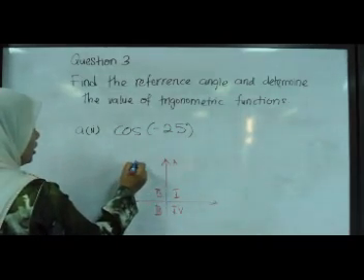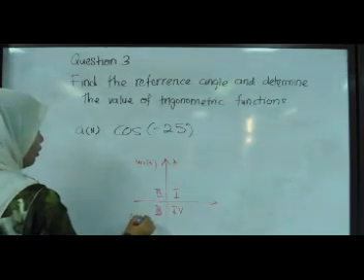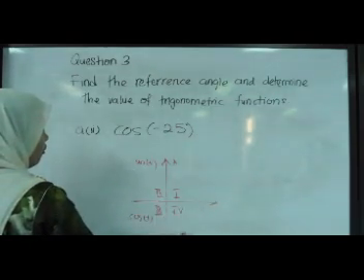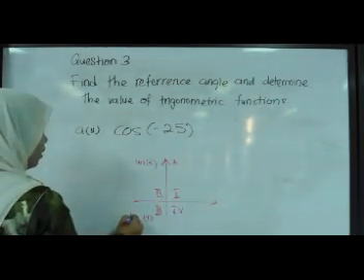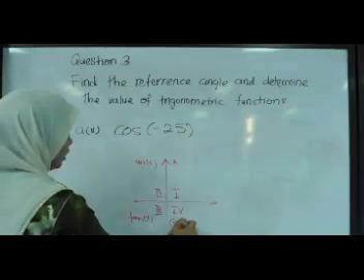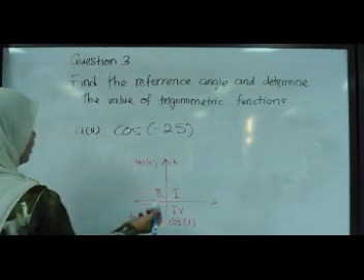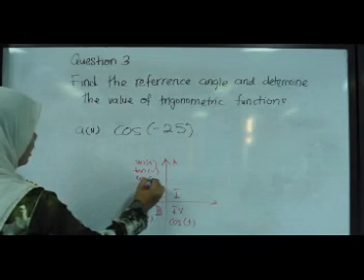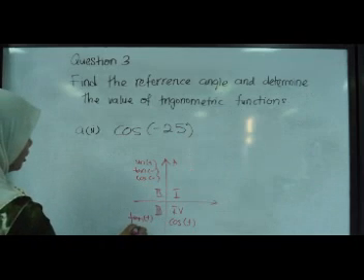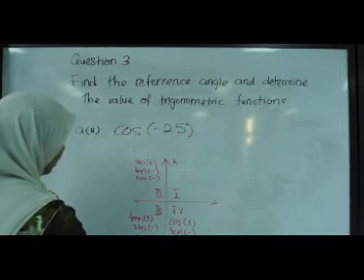For the second quadrant only sine is positive, the third quadrant only tangent is positive, and for the fourth quadrant only cosine is positive. So it means the rest are negative: sine negative and cosine negative, tangent negative and sine negative.